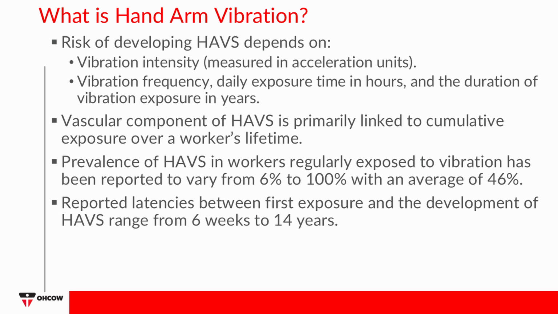Studies report a wide prevalence of HAVS among vibration-exposed workers, ranging from 6% to 100%, with an average of 46%. This variation is largely attributed to differences in cumulative exposure among various worker populations. The latency period, the time between initial exposure and onset of HAVS symptoms, can range from 6 weeks to 14 years, depending on the intensity and duration of exposure.